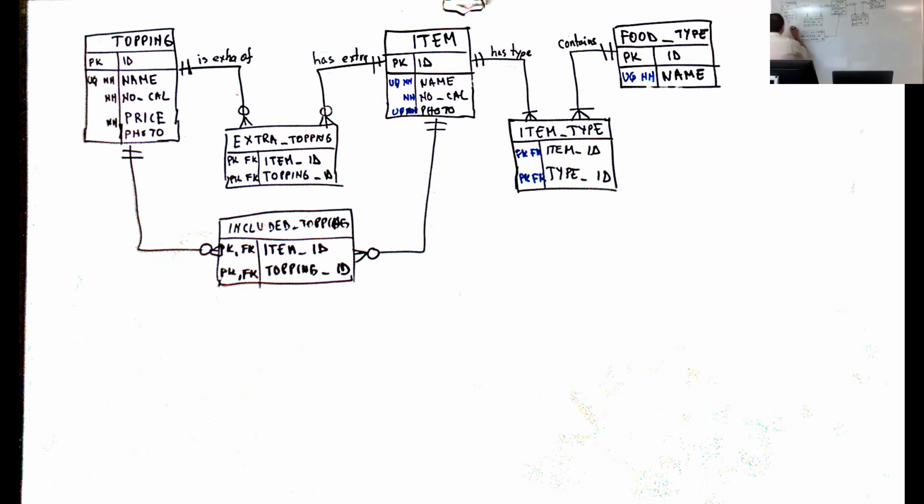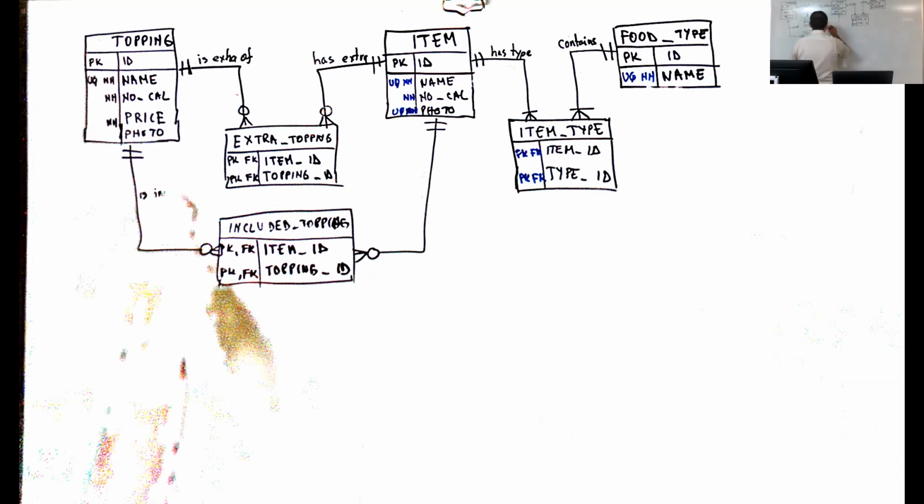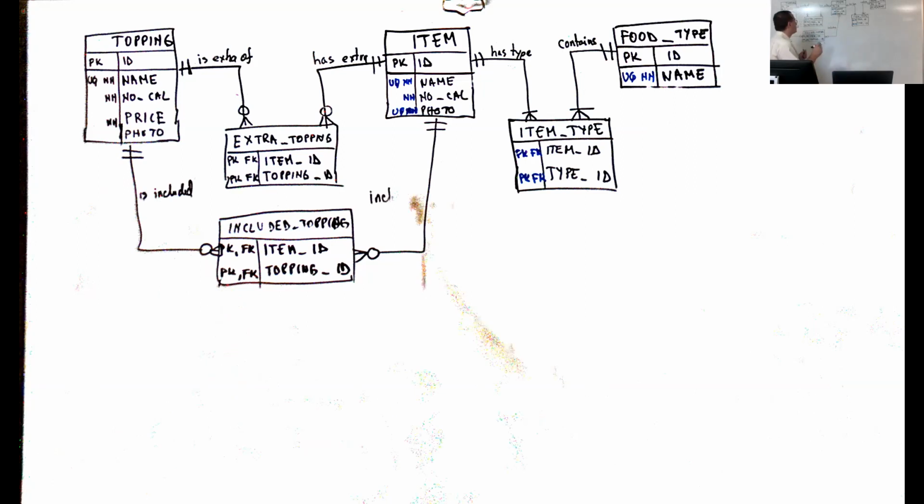And here I can have the name of the relationship: is included, topping is included, and here I can have includes. So some names to differentiate between them. And this, as you can see, is a small diagram, and we just touch a little bit of what is described on the website.